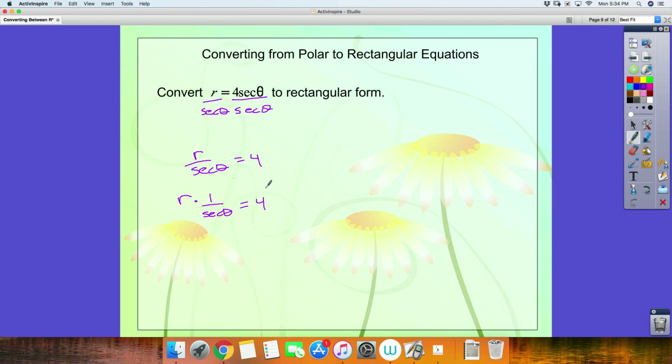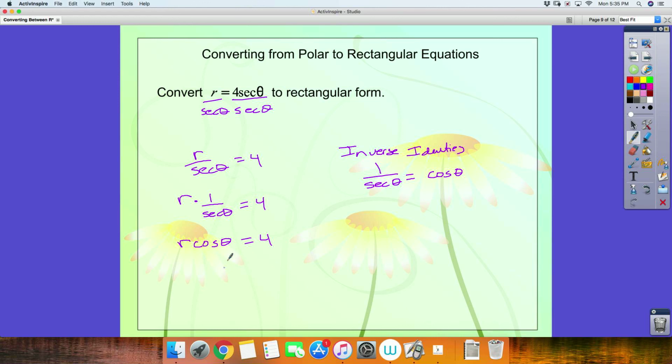Now here's where your identities come in handy. Using my inverse identities, I know that 1 over secant theta is the same thing as cosine theta. So I can replace this and write r cosine theta equals 4. Hopefully this looks a little familiar.